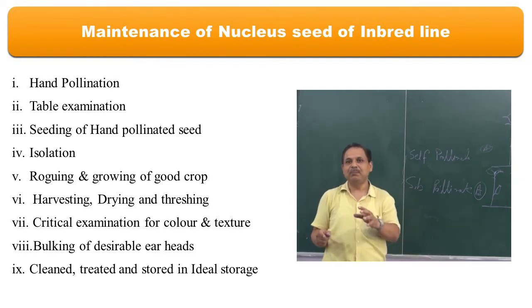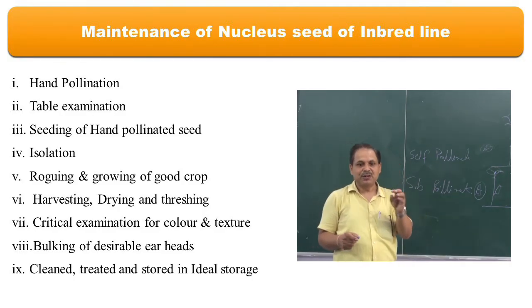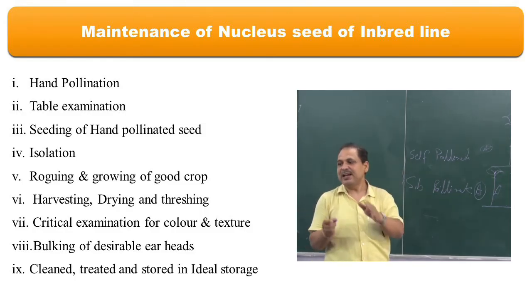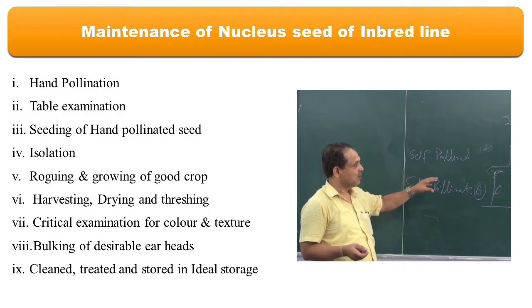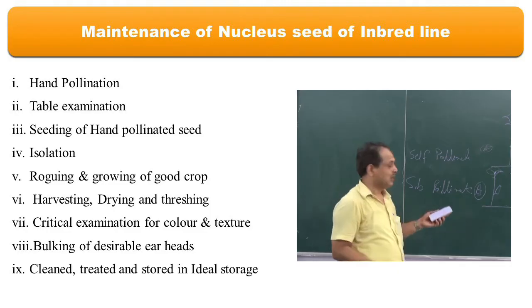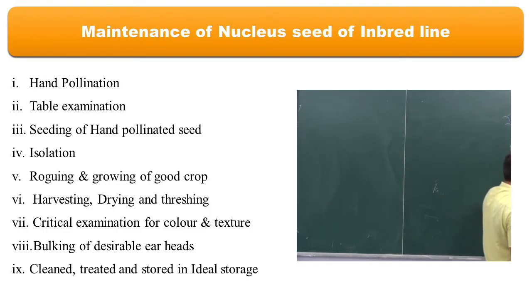After hand pollination, the plants which are very true to type are harvested, and then table examination is done. Like I told earlier, we examine the seeds of each and every crop.